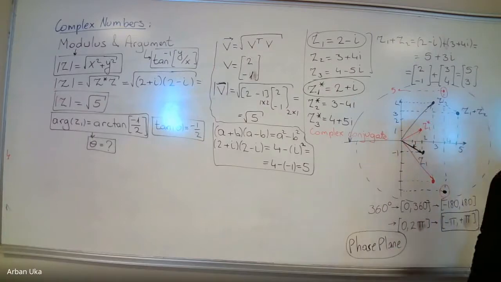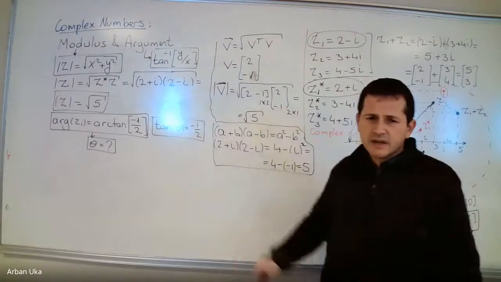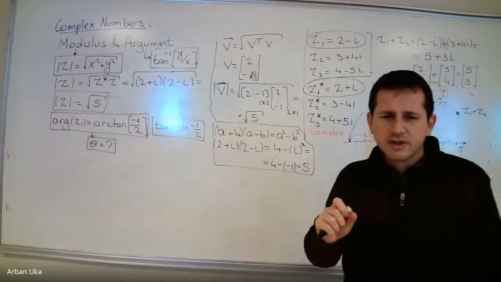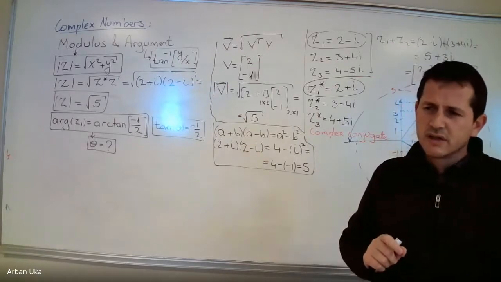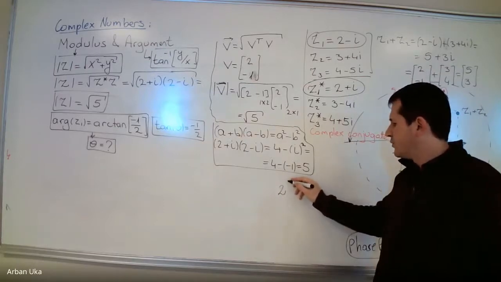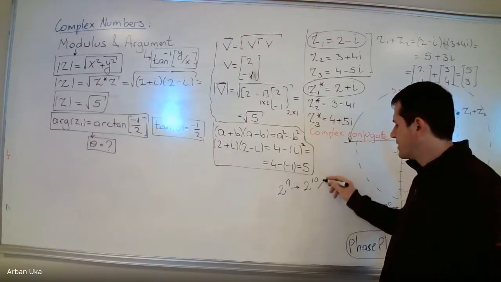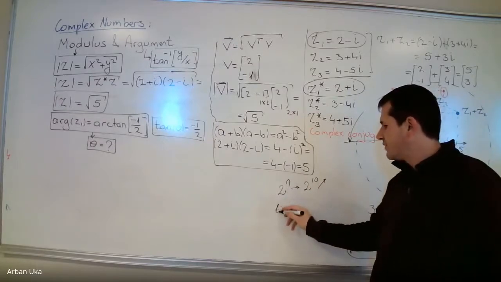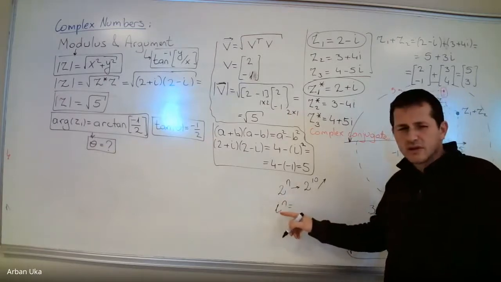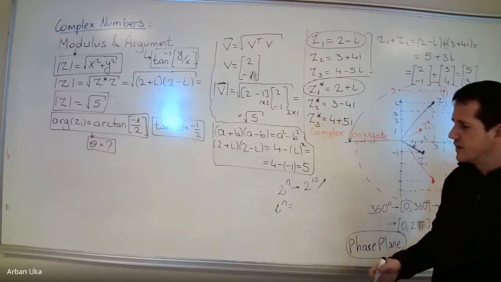Often the square root of minus 1, or wherever we see this i, is somewhat equivalent to having a phase. It is not an amplitude, it is not something which increases exponentially, because we can have 2 to the power n. When n is a large number, like 2 to the power 10, we know this is an increasing function. But if we have i to the power n, what is i to the power n? This is an oscillatory function, but this one we will understand a little later, okay?